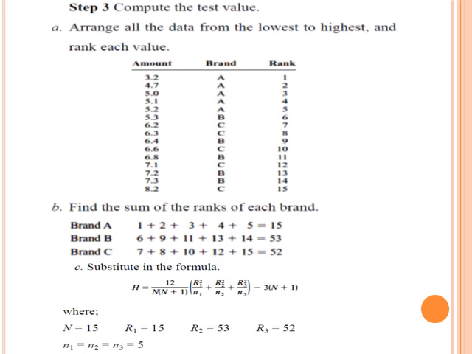Now we will move to the third step for the Kruskal-Wallis test, which is computing the test value using the formula mentioned before: H equals 12 over N times N plus 1, times R1 squared over n1 plus R2 squared over n2 plus R3 squared over n3, because we have only 3 groups or samples, minus 3, the number of samples, multiplied by N plus 1.